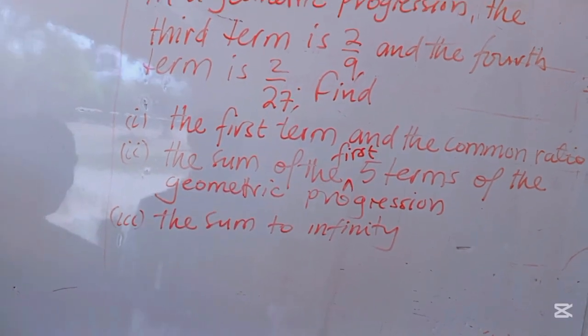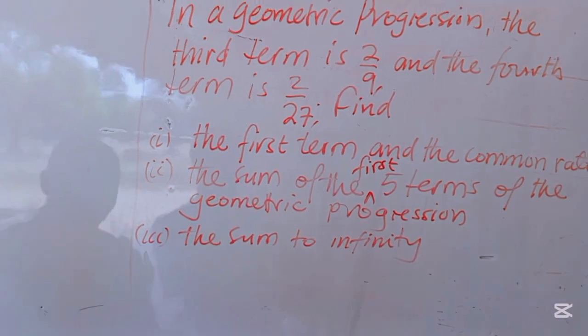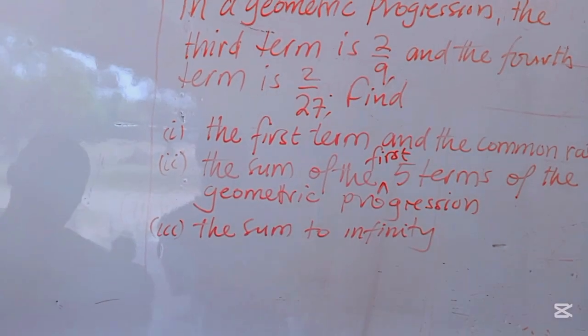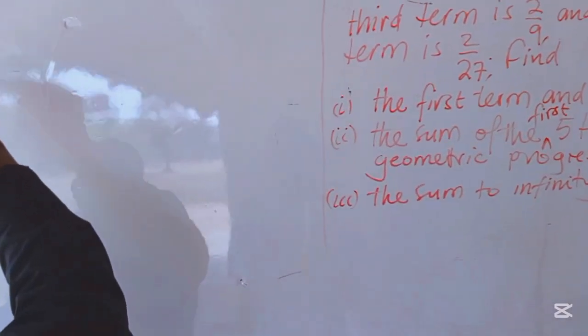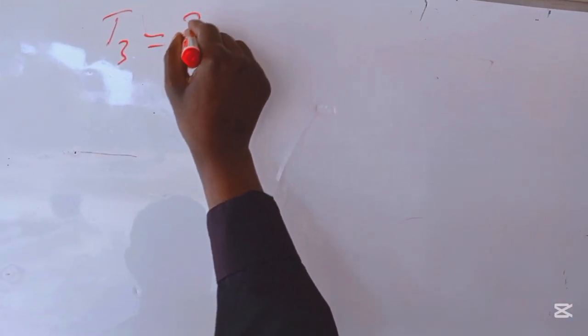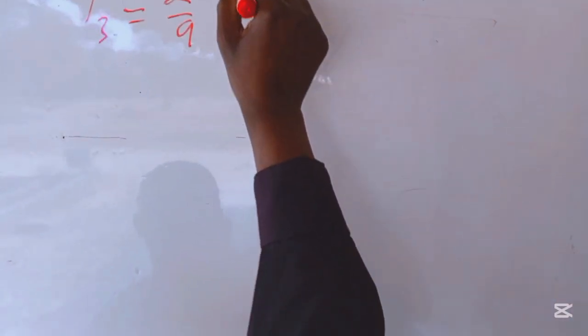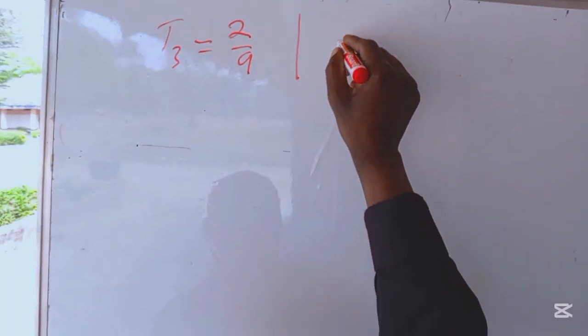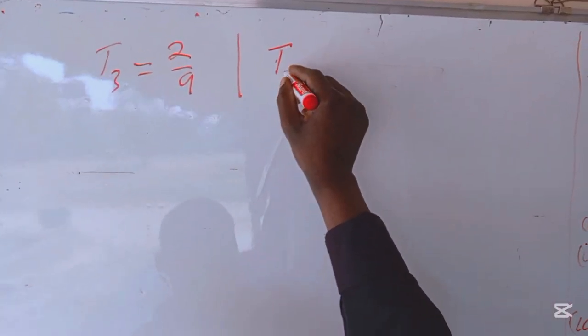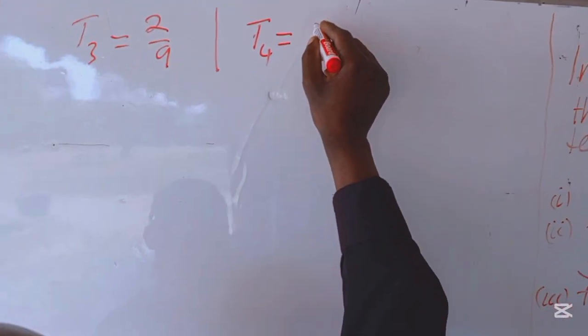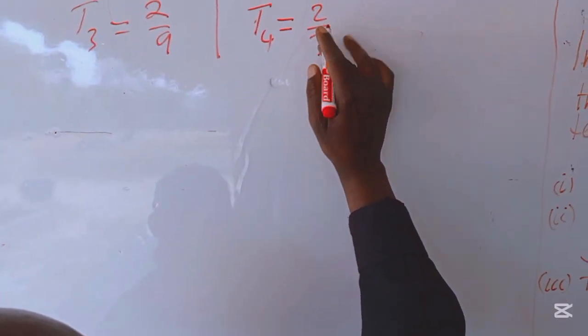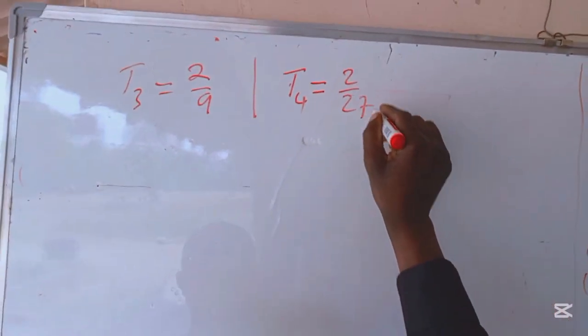Ladies and gentlemen, I'm happy that we are dealing with fractions. I know that the third term, T3, is equal to 2 over 9, while the fourth term is equal to 2 over 27.